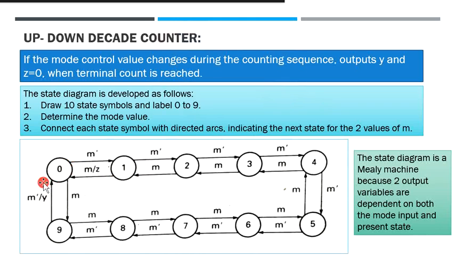So if you look at the state diagram, we have upward direction counting from 0 to 9 and a downward counting direction from 9 to 0.